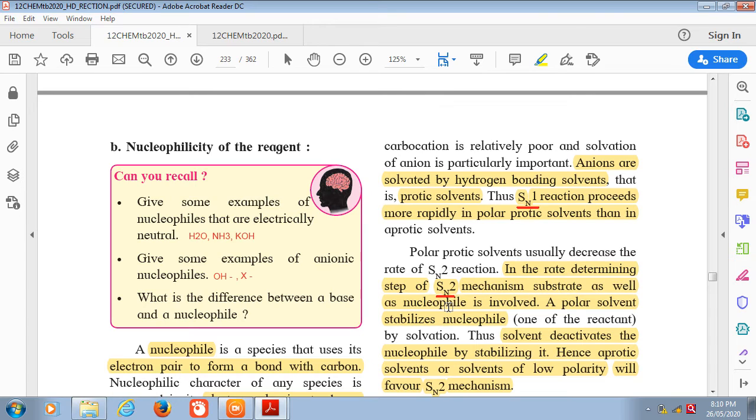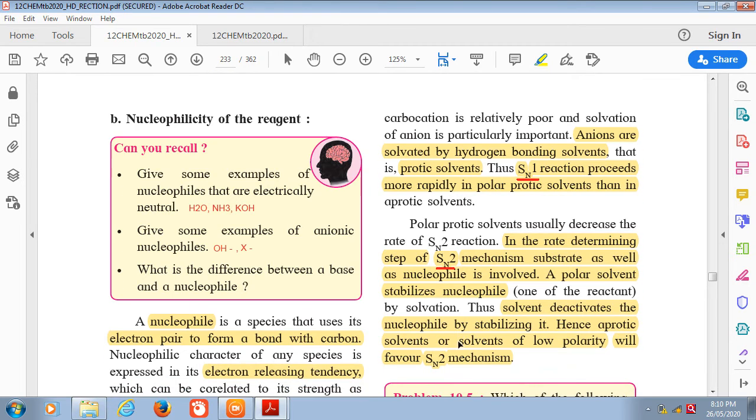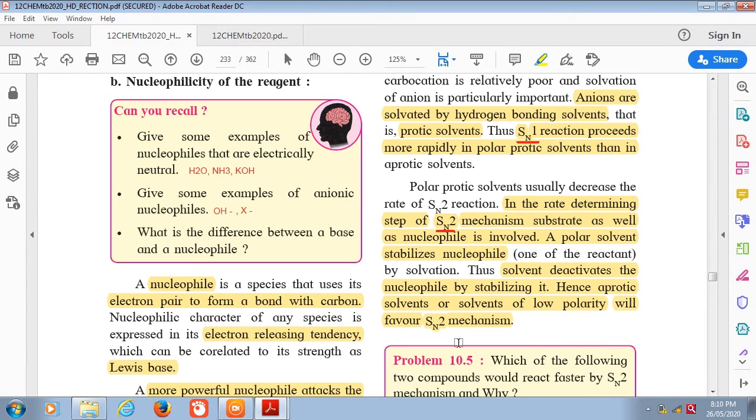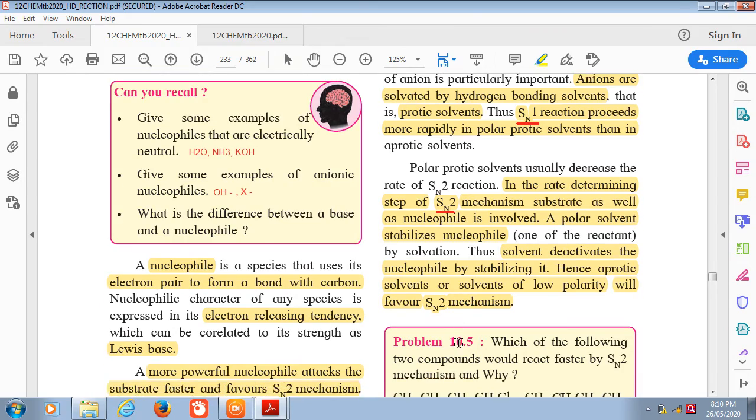So there is no need for a polar protic solvent for the SN2 mechanism. Remember this: for the SN1 mechanism you have to use a polar protic solvent, and for the SN2 mechanism you have to use a low polarity or aprotic solvent.